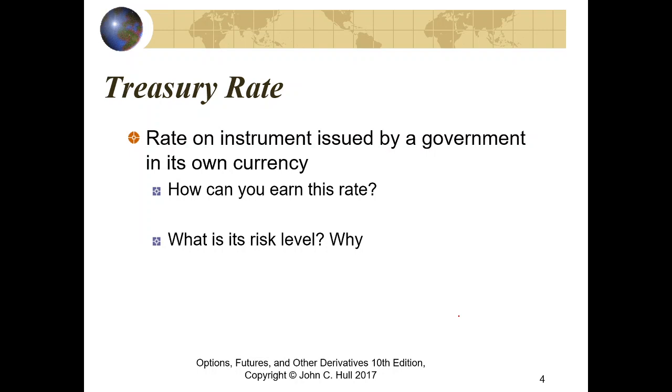Now, most governments issue debt instruments from time to time. For example, in the US, the issuance of treasury bonds, treasury bills or treasury notes is on a daily basis.